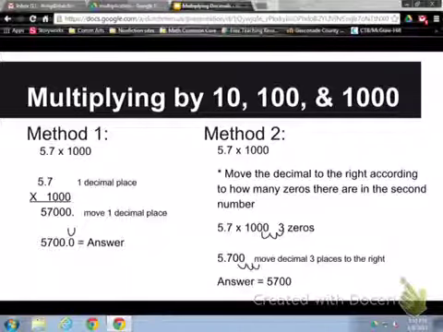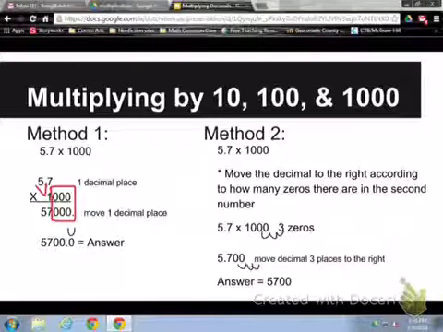This would allow for us to take these zeros and just drop them straight down. Then we can multiply like a 2-digit times 1, 1 times 7, and 1 times 5. Then, just like before, we count our decimal places, and we have 1 decimal place here, so we would move our decimal 1 place in our answer, so that would give us 5,700.